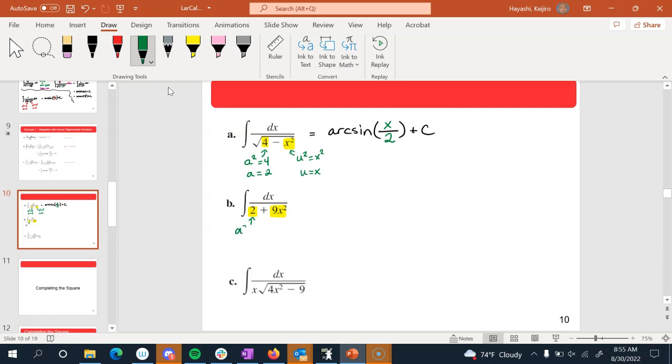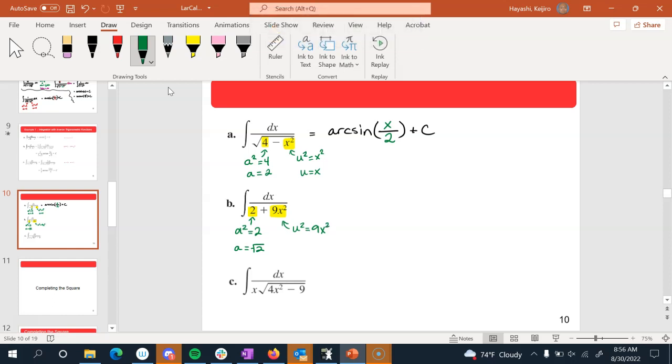This constant is actually a squared, so a squared is 2. So a is the square root of 2. Our variable square term is this 9x squared that's down here.